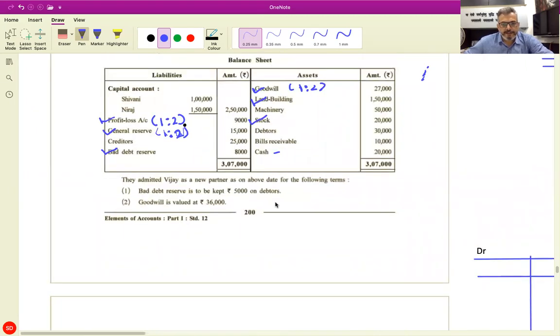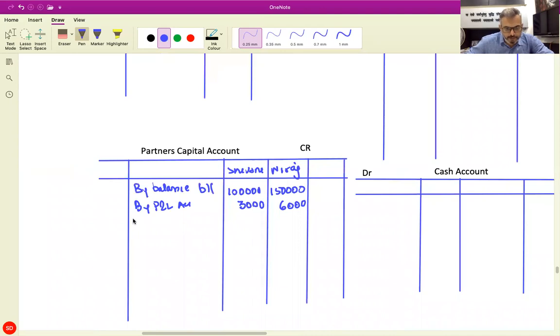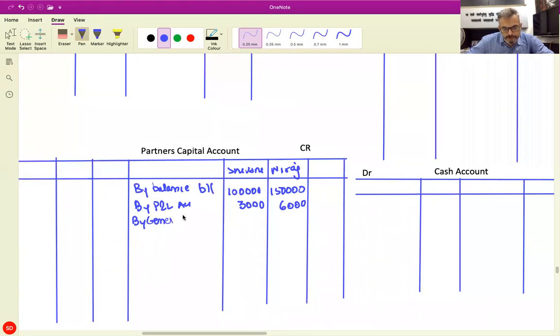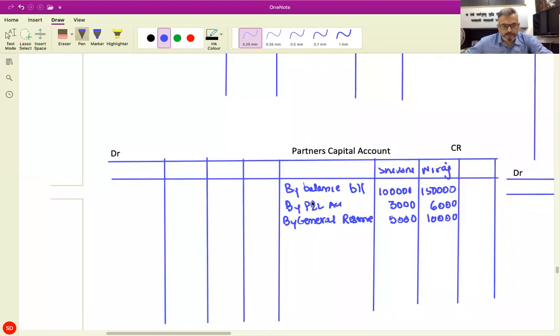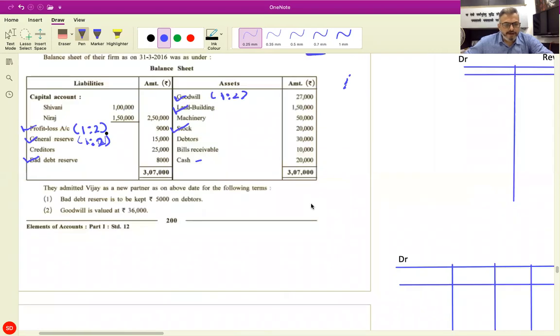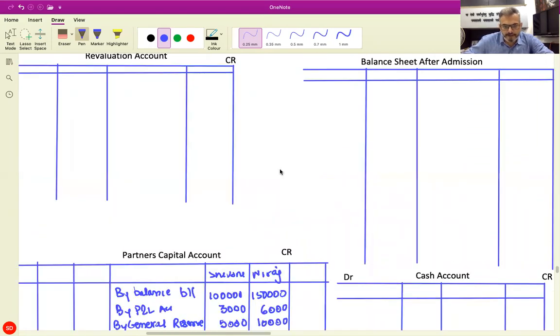General reserve 15,000, again old partners, old ratio. By general reserve, again 1 is to 2, so 5,000 and 10,000. Creditors, outer column 25,000.